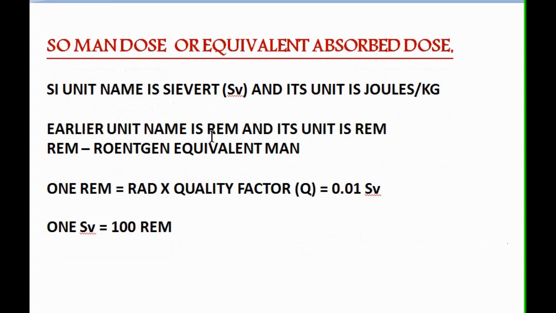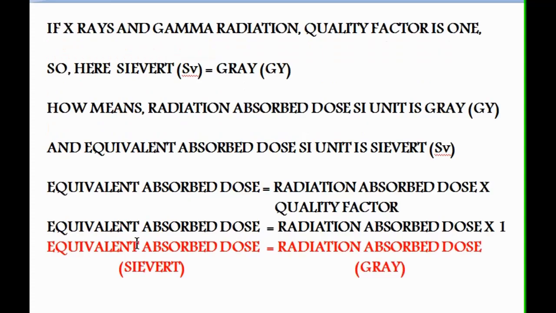The earlier unit name is rem. REM means Roentgen equivalent man. So 1 rem is equal to rad times quality factor, equal to 0.01 sievert. 1 sievert is equal to 100 rem.